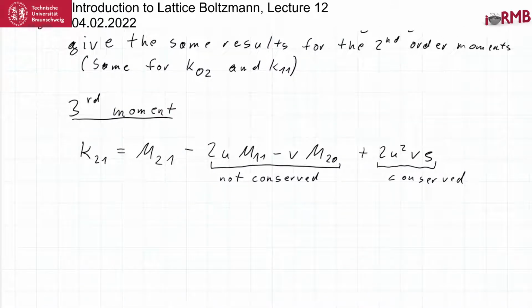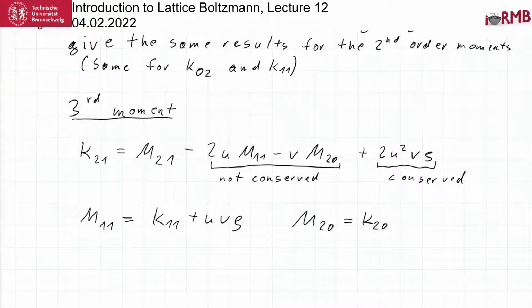So first of all, there are these non-conserved moments, which we have to write down. This is m11. This can also be written as k11 plus uv rho, and m20 is k20 plus u square rho. So this is the transformation the other way around.